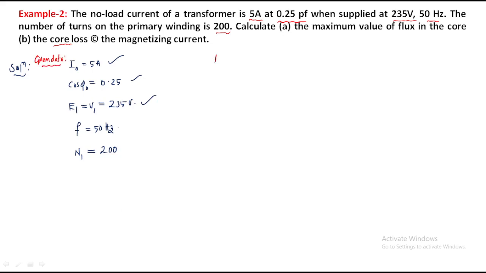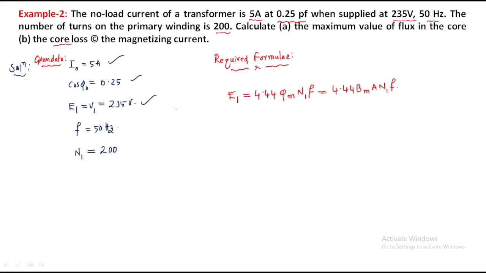Okay, the required formulae. What are the required formulas? First we have to calculate the maximum flux from the EMF equation: 4.44 phi m N1 F, which equals 4.44 B max into A N1 into F. We have no area, so we have to calculate the flux only.